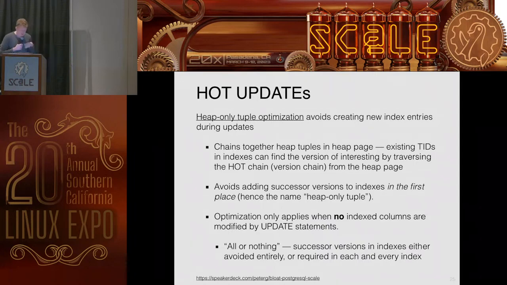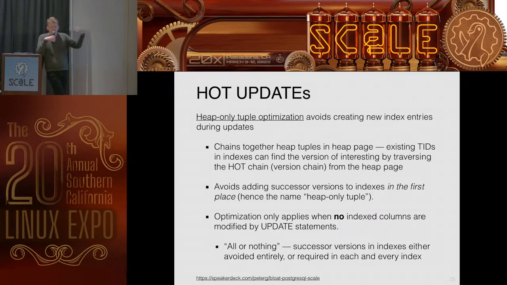We have these things called hot updates, where if an index isn't updated at all, we can have 2 different versions of the same row living side by side on the same heap page. Heap-only tuple literally means only the heap structure has a tuple. So there still is something pointing to the root item of the hot chain within each and every index, but it's not pointing to the successor versions. There's an additional indirection.